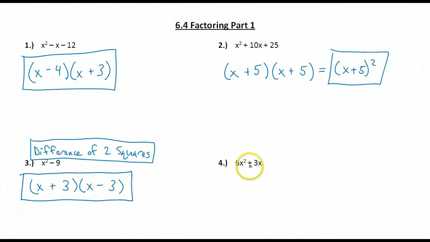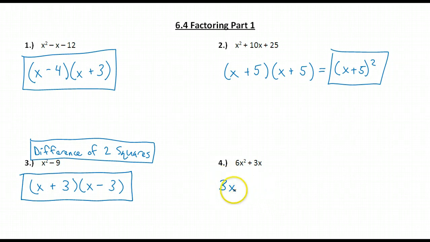In this example, I have a quadratic binomial. Before I factor anything, I need to look to see if I have a monomial, a single term, that I can factor out. Between 6x squared and 3x, there's a 3 that's common to both terms, and there's an x that's common to both terms.